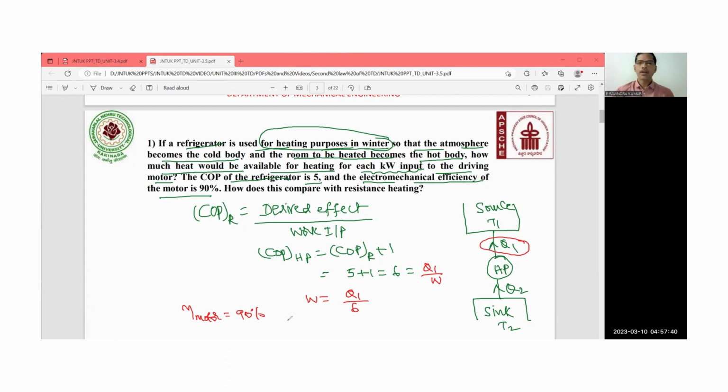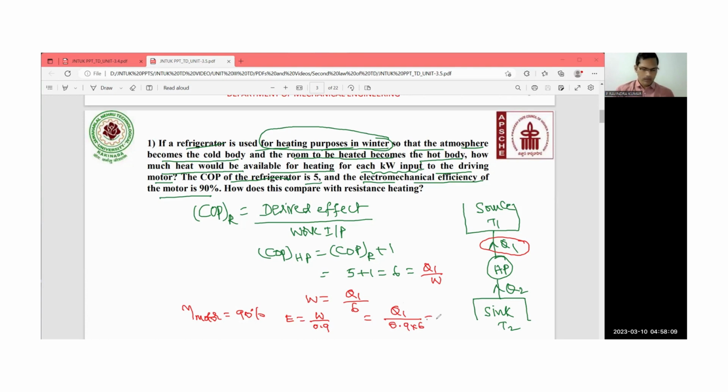So the motor efficiency, or the electrical efficiency, is equal to the work divided by the input, that is 90%, 0.9, right? So that is nothing but equal to the work, Q1 divided by 0.9 into 6.